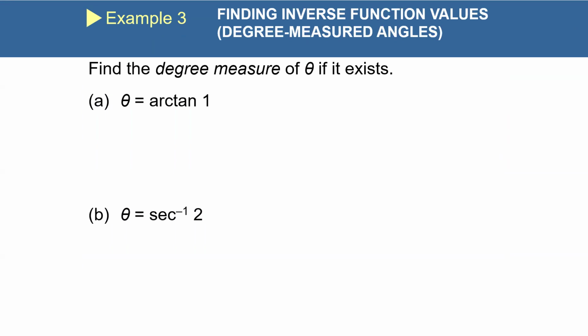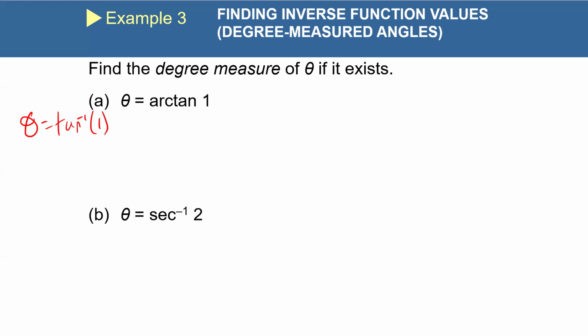So what does it mean to find the degree measure of theta? It literally just means to give me the degree measure, right? There's nothing else to that. So if I ask for arctan of 1, remember arctan is the same thing as saying tan inverse. So if I'm looking for theta equals tan inverse of 1, it's the same thing as saying arctan of 1.